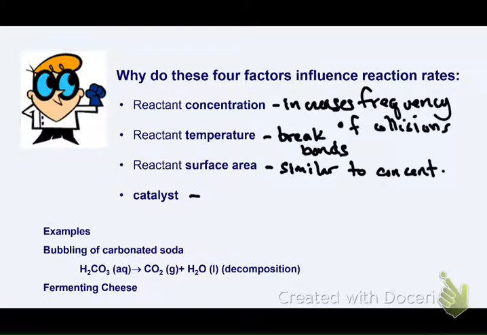Normally in solution, two things have to collide with the right orientation and enough energy. Well, what a catalyst does is grab one of them, wait for the other one to come around, grab the other one, put them together, and once the reaction takes place, it lets go of them. So it speeds up the reaction by taking the place of the orientation, and it helps lower the energy that way.